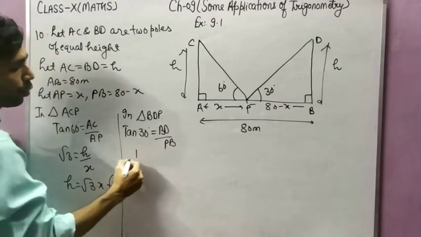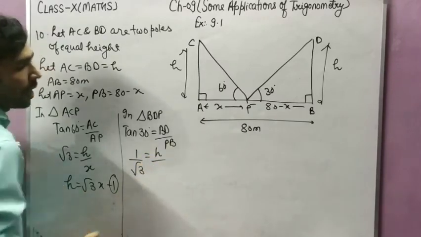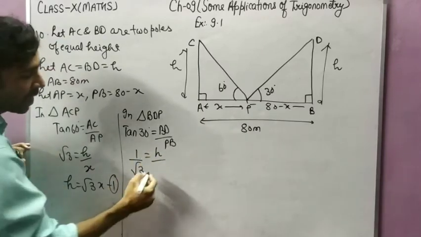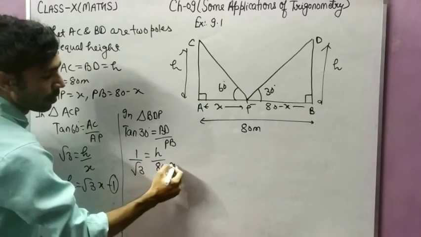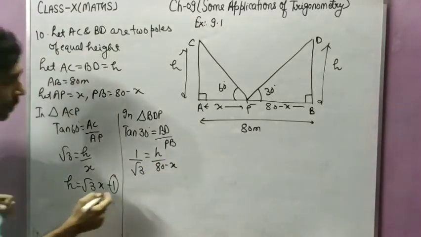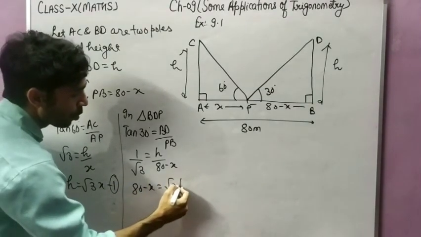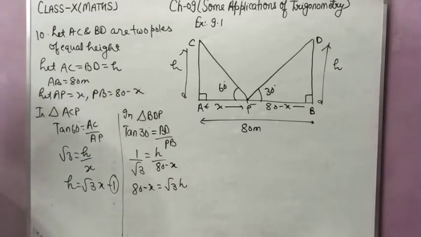So tan 30, we all know, is 1 by √3, BD is also h and PB is 80 minus x. Cross multiply, so 80 minus x will be equal to √3h.